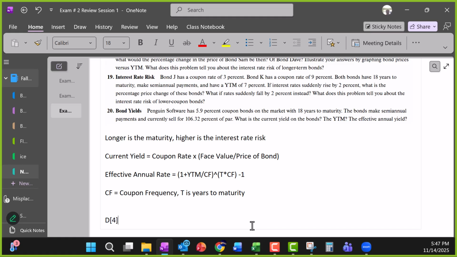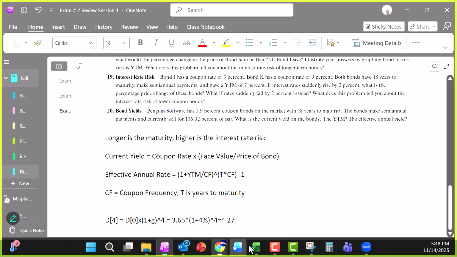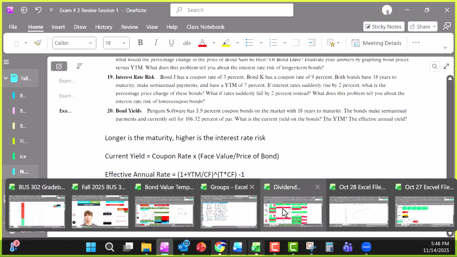Dividend at year 4 is dividend at year 0 times 1 plus the growth rate raised to the power 4. Okay? I'm doing it with formula in the Excel, but we could also do it here. 365 times 1 plus 4%. Surprise, surprise, we have exactly the same answer here.